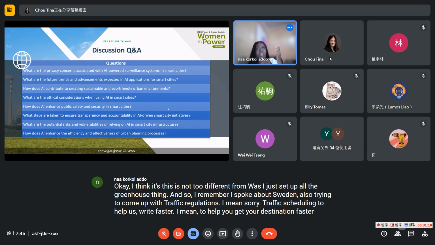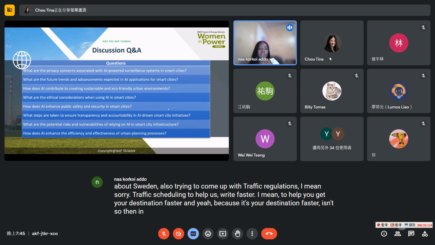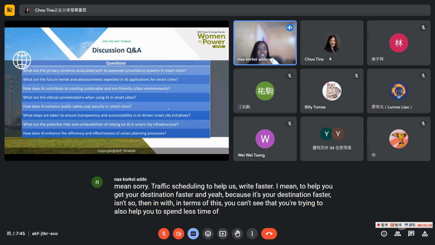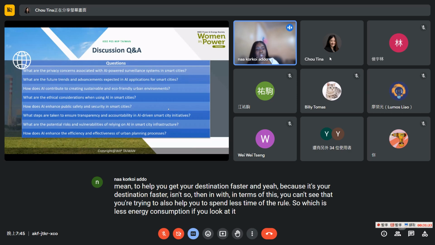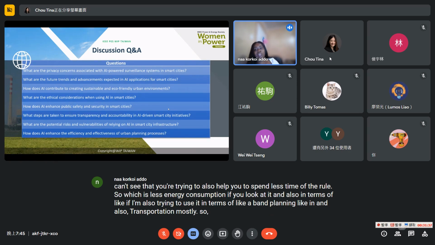In terms of this, they are also helping you spend less time on the road, which means less energy consumption if you look at it. They're also using it in urban planning, and transportation mostly. So I'd say that's where AI is at the moment.